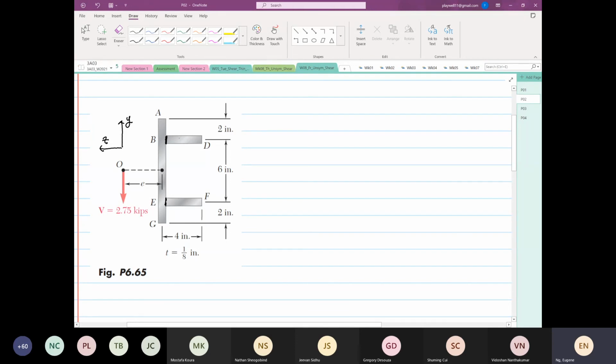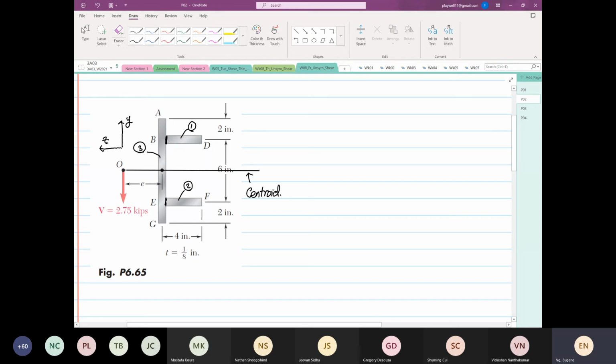I'm going to call this my 1, then this is my 2, and finally, this will be my section number 3. We are aware that this over here is our centroid based on observation.